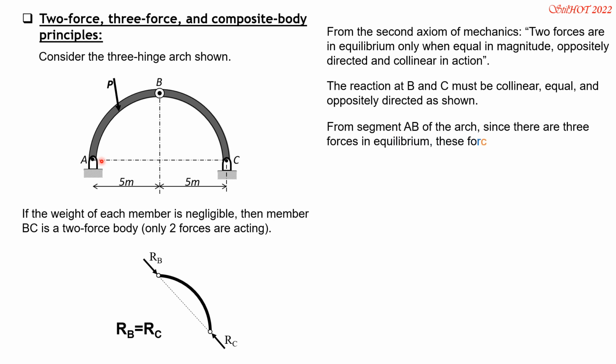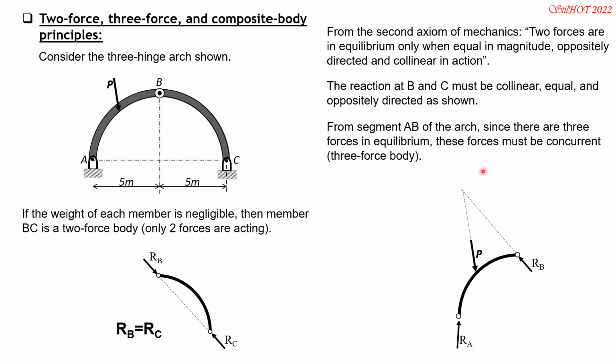So from segment AB of the arc, since there are three forces in equilibrium, these forces must be concurrent, or we have the three-force body principle. So R sub B should be oppositely directed to this, and we have the reaction at A, which meets at the point where the load P and R sub B meet for the system to be in equilibrium.